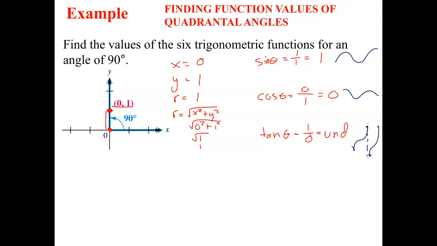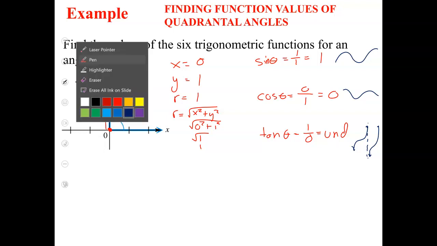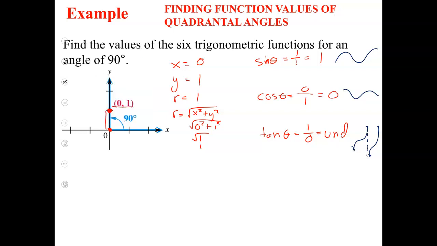Okay? So now I've got those functions, I can go into my reciprocals. Reciprocal function for sine is which one again? Cosecant. Good. What's the reciprocal of 1? 1. Reciprocal function for cosine is secant. And since the reciprocal of 0 over 1 is 1 over 0, now secant is undefined. So when cosine is 0, secant is undefined.